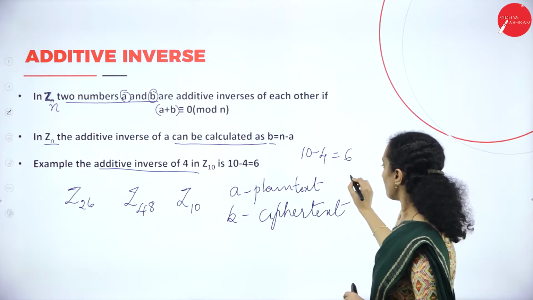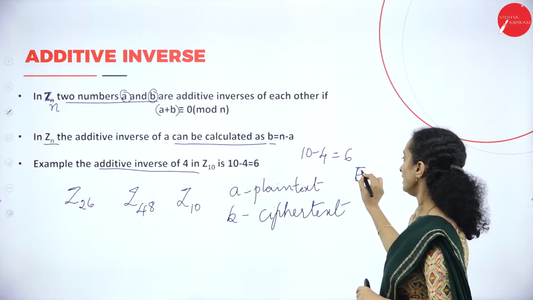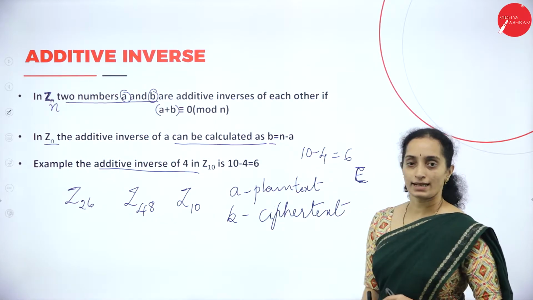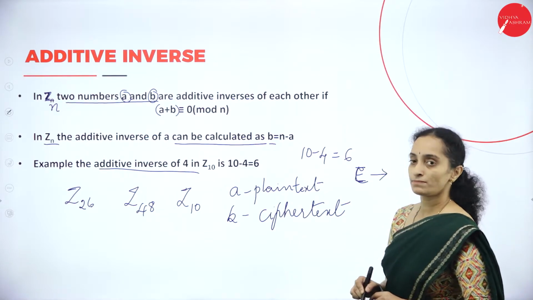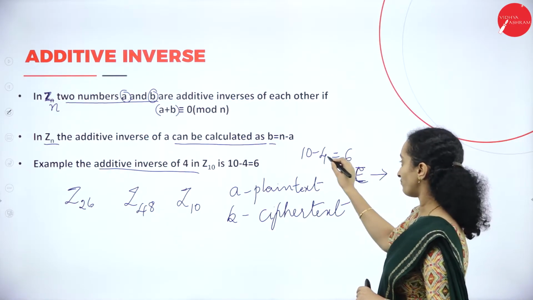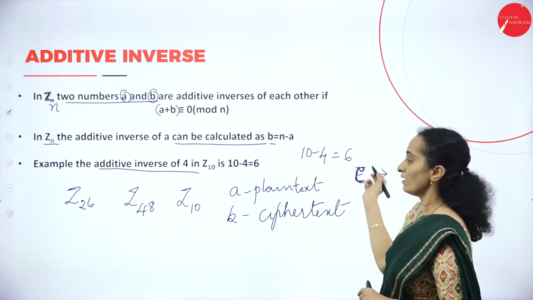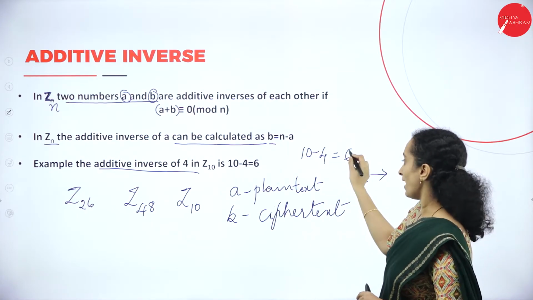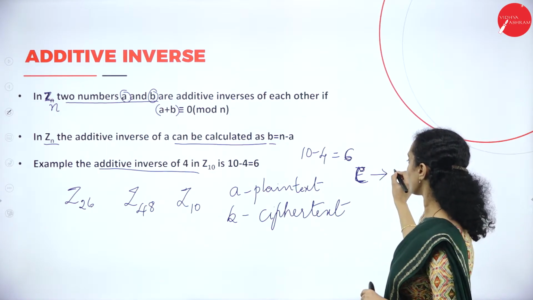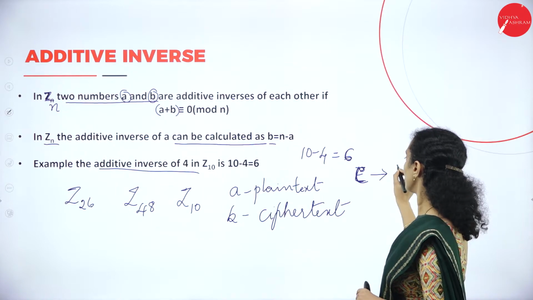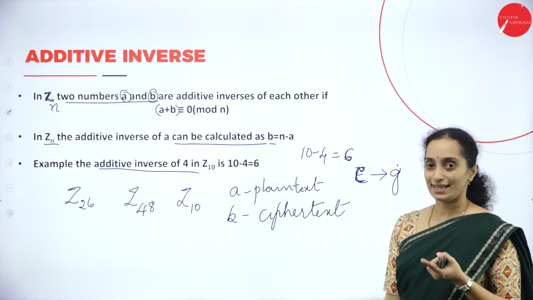That means if the message is encrypted, the number 4 represents the value E. When it is reversed back, the additive inverse of 4 will be 6, which will be G when it is decrypted.